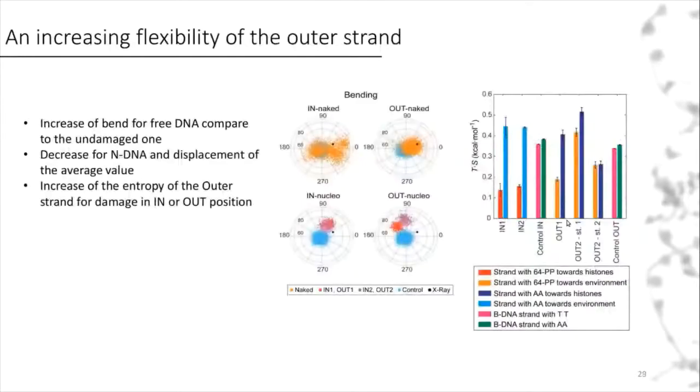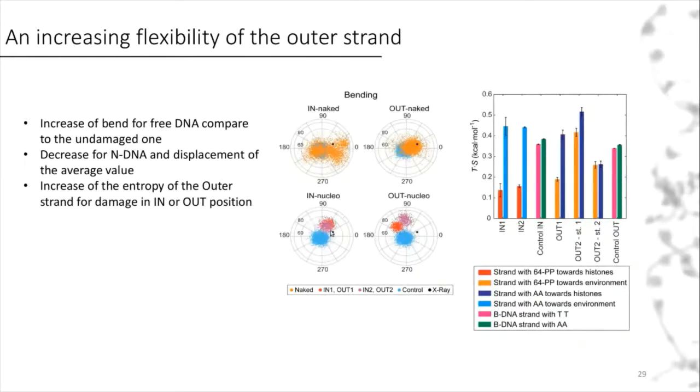So we first tried to compare the bending and some entropy of the 2 strands in the different conditions. If you have the free DNA, you see that the bend is, as we observed for REST2 simulation, a really large distribution.